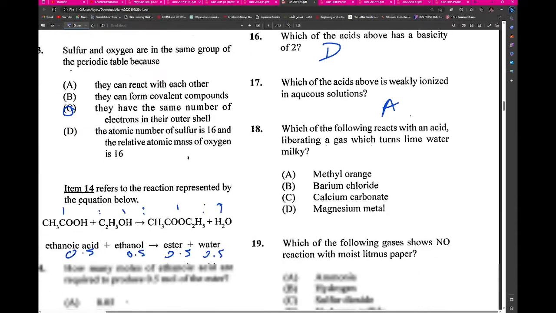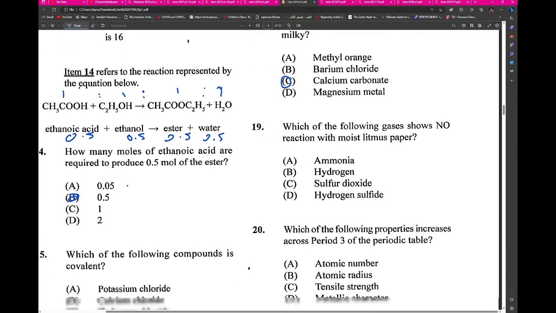Which of the following reacts with an acid liberating a gas which turns lime water milky? B, calcium carbonate. Which of the following gases shows no reaction with moist litmus paper? Ammonia would show, hydrogen chloride should show, sulfur dioxide.